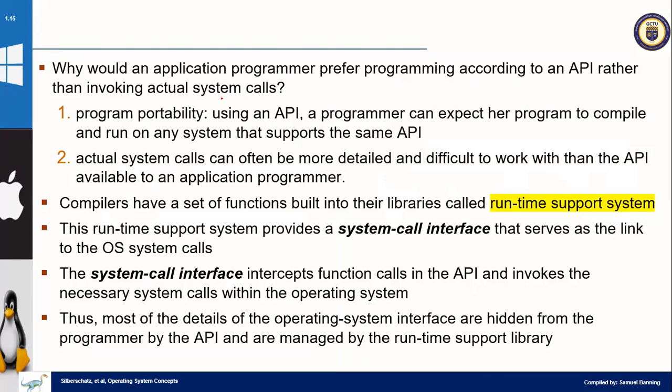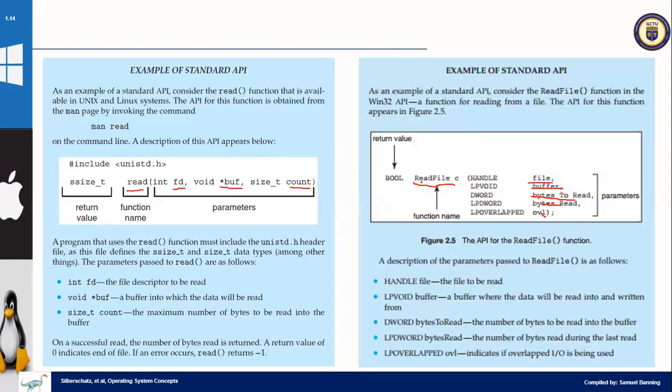If I write a program that reads a file using the Win32 API, it will run on Windows 8 if Windows 8 understands the Win32 API. If Windows 10 understands the Win32 API, my program will run on Windows 10.